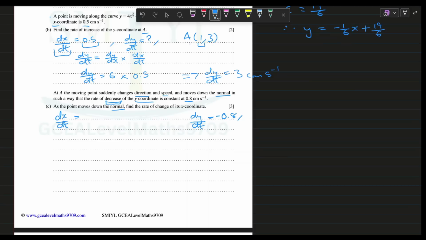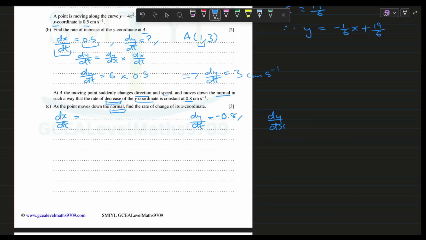And then we can also use dy/dx. But be careful here. In this case, because we're moving down the normal, dy/dx is referring to the gradient of the normal, not the tangent. In the previous example, our dy/dx implied that we're moving down the tangent. But now they've specified that we've changed our direction and now we're going down the normal.